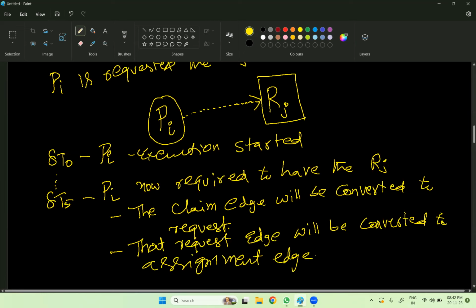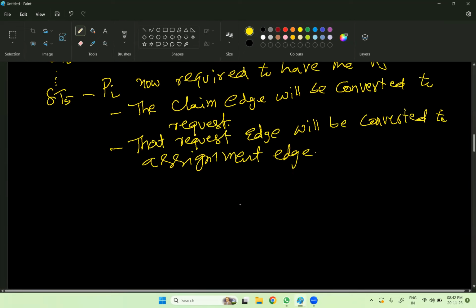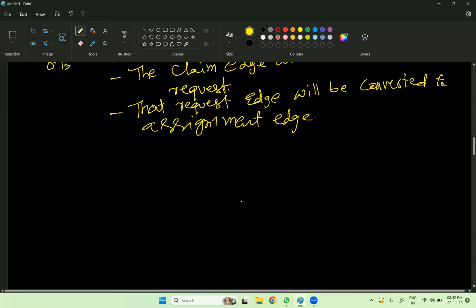What are we supposed to show here pictorially at a certain piece of time? Before the process starts its execution or enters the CPU, it provides some information to the operating system: yes, I need one particular resource type Rj in future, and a claim edge will be taken.